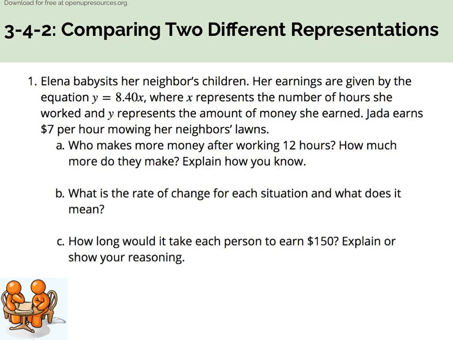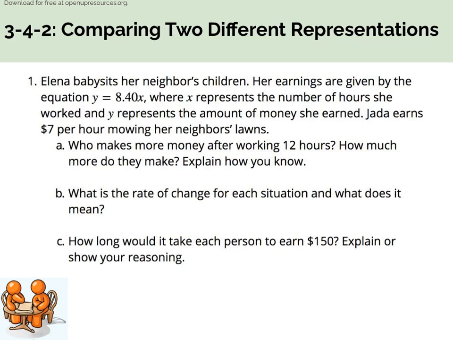All right, let's go ahead and turn to page 38. On page 38, we have this example. Elena babysits her neighbor's children. Her earnings are given by the equation y equals 8.40x, where x represents the number of hours she worked, and y represents the amount of money she earned. Jada earned $7 per hour mowing her neighbor's lawn.